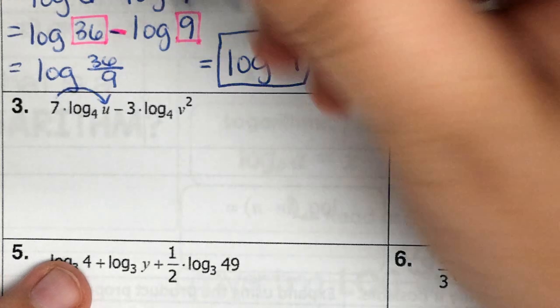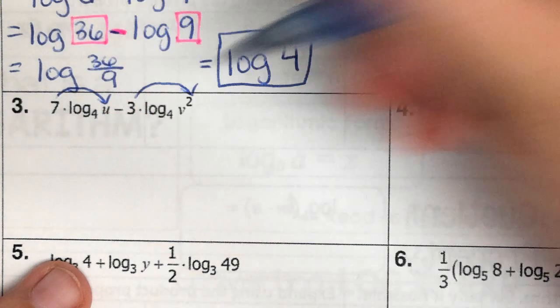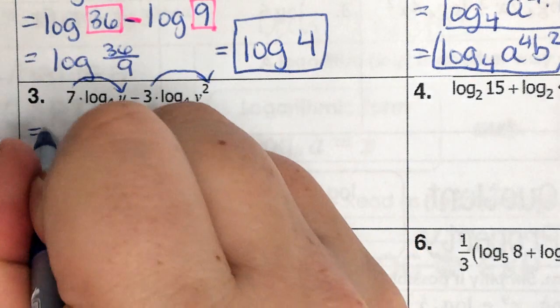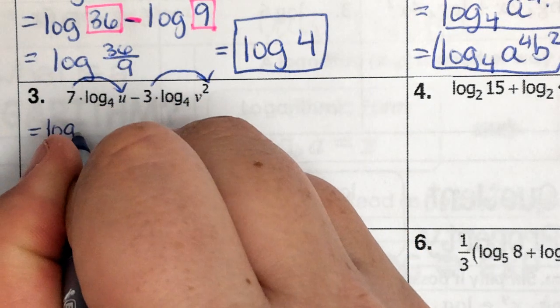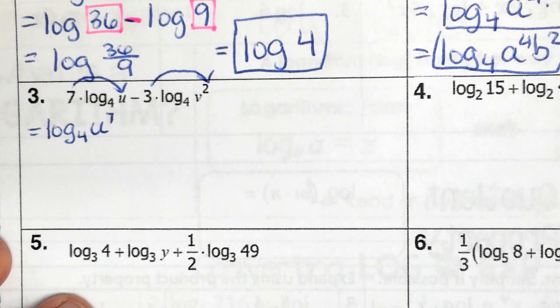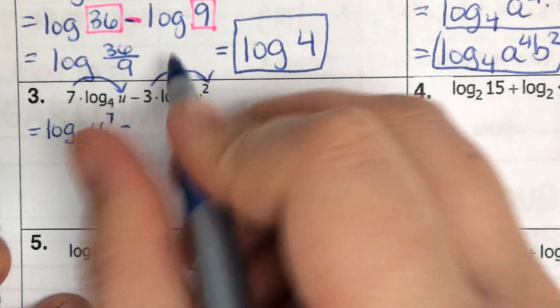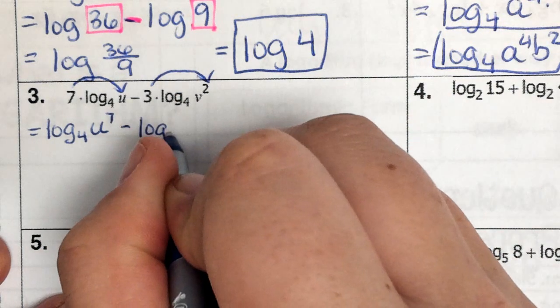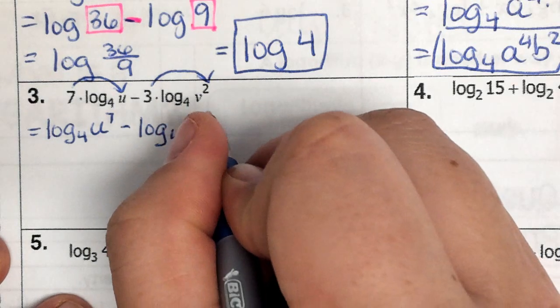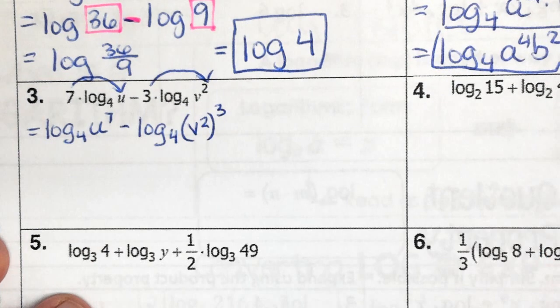So this 7 moves over to the u, and this 3 moves over to the v squared. So this now is going to say log base 4 of u to the 7th minus log base 4 of v squared, and then that v squared has an exponent of 3.